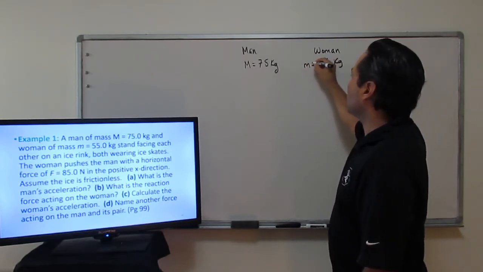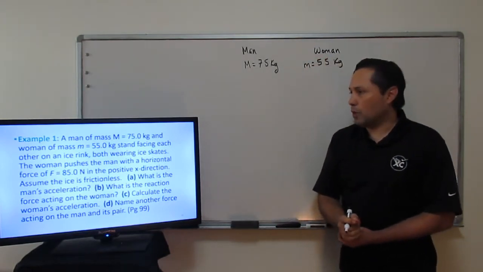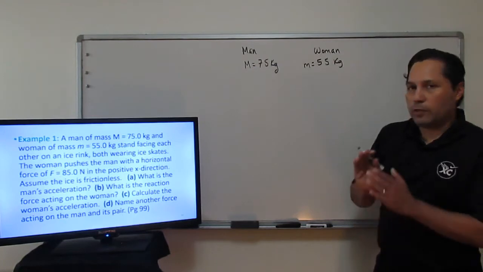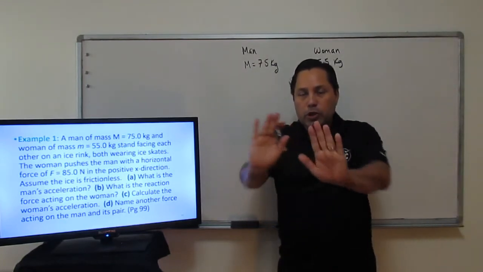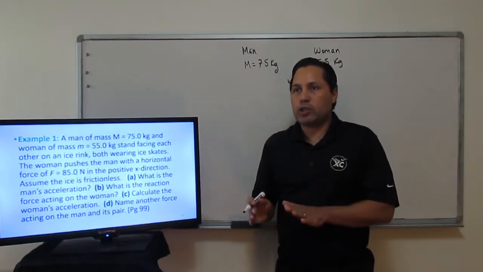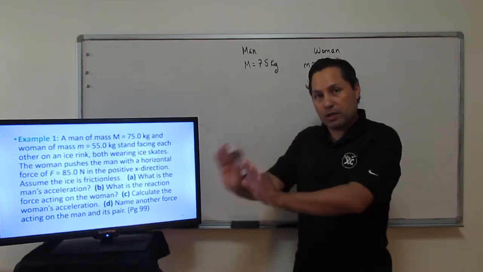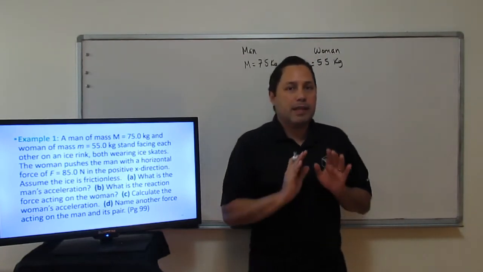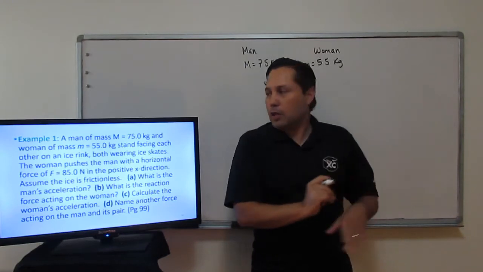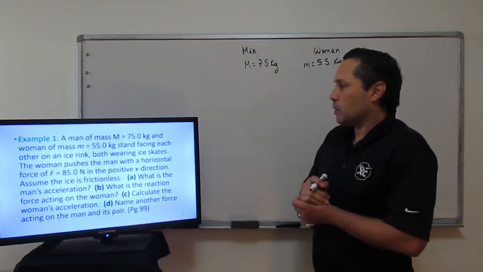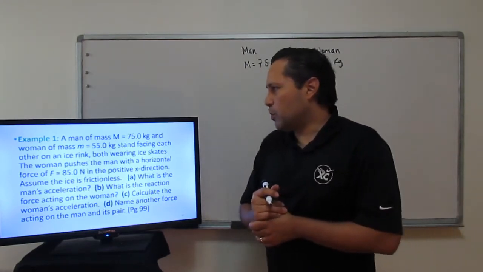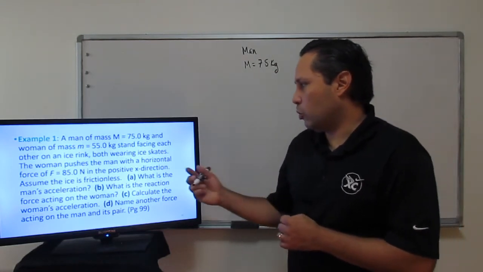Now, they're facing each other. She pushes off of him, but the force that she is putting on him as she pushes is the same as the force he's putting back on her, even though he's not pushing. So she's pushing in the horizontal positive direction.